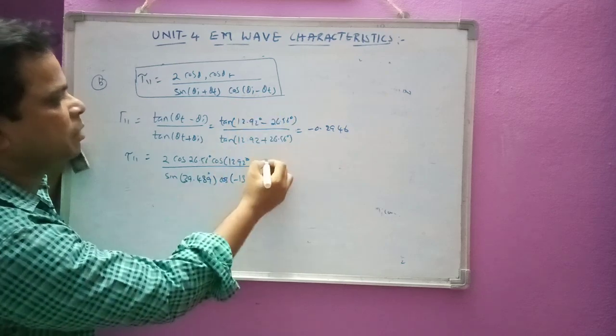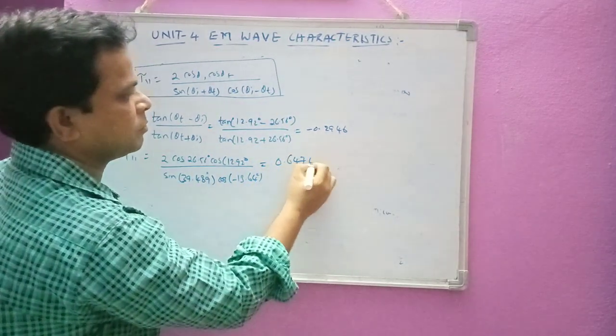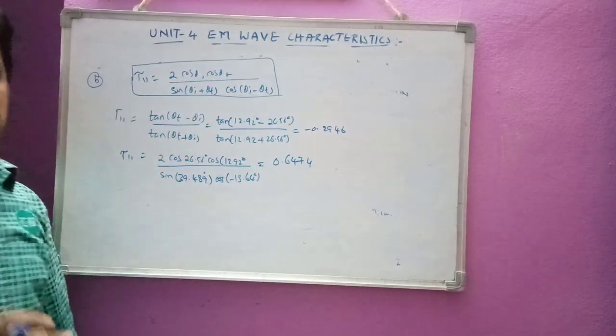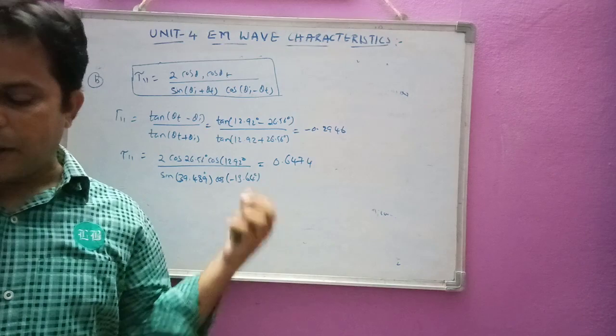Okay, I am using this formula, it will be equivalent to 0.6474. So we have got the values of gamma parallel and tau parallel.